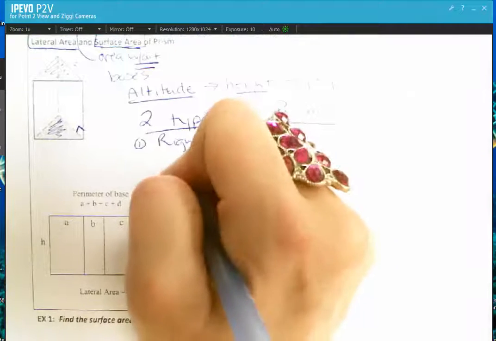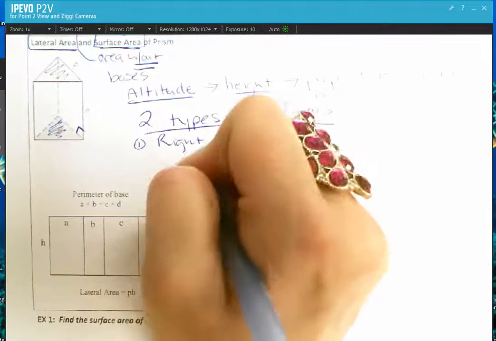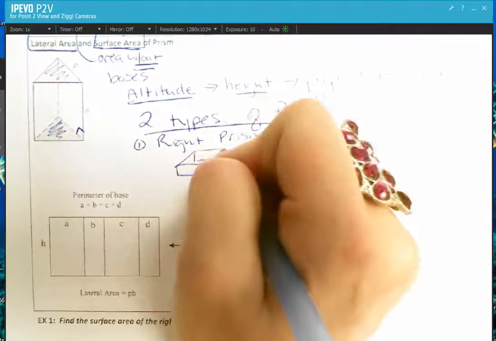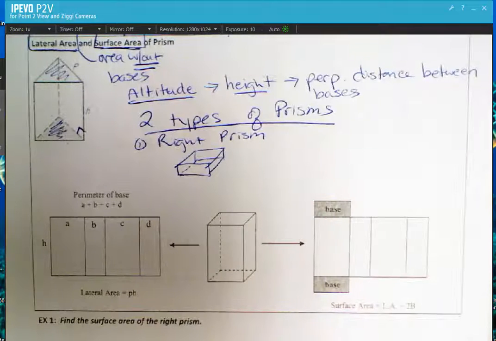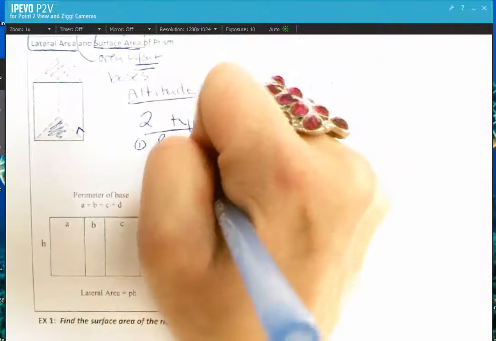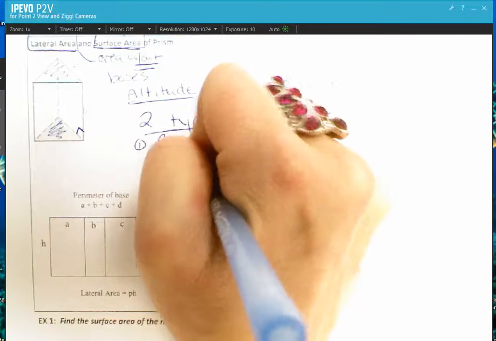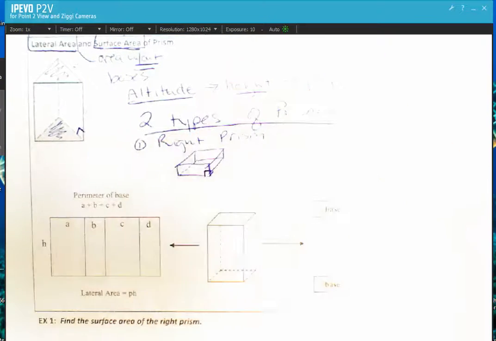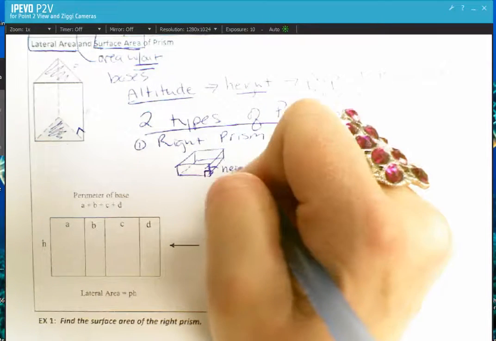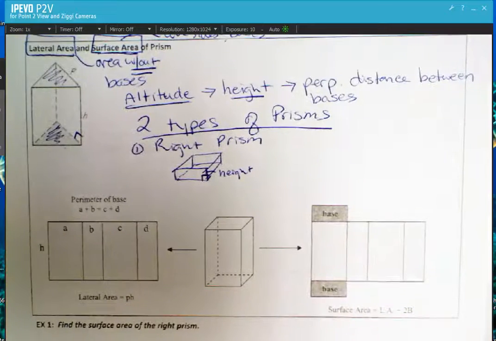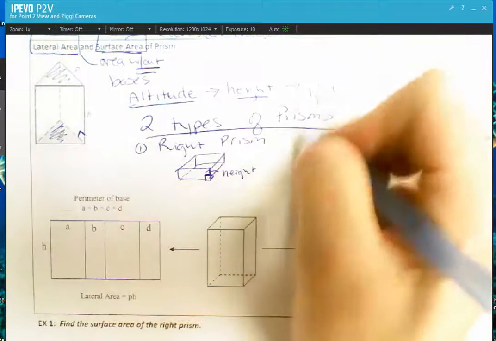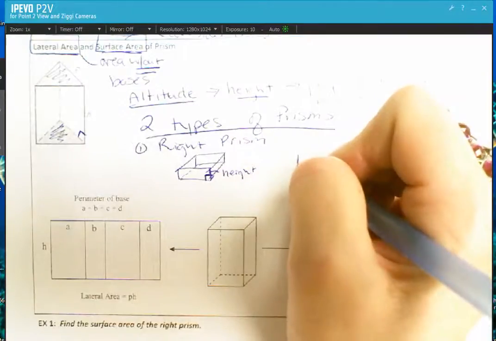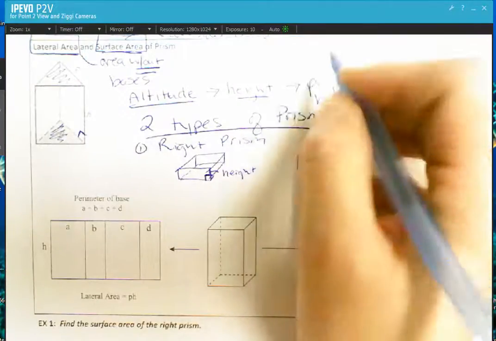So if I have a rectangle and another rectangle back here, I have 2 parallel congruent rectangles that make up my prism. Your height is right here inside the prism, and that's my height at a right angle. You could also have, let's say it's not, we'll worry about that later.